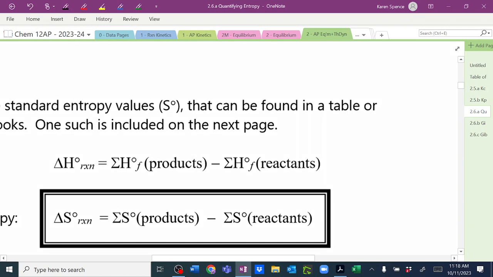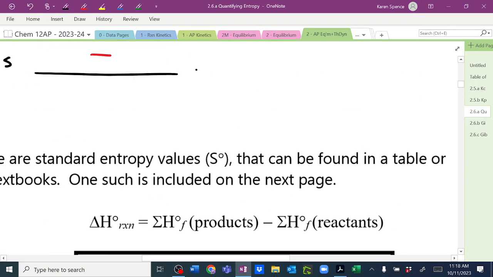Do you remember this formula here? What does this little doodad mean? The sum of. Do you have any problem remembering that it's products first and then reactants second? We're good with that?